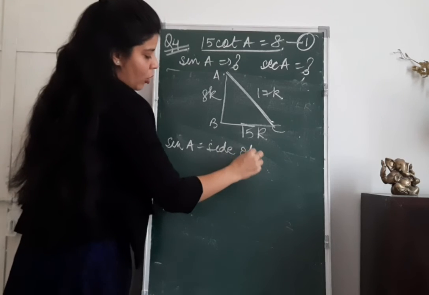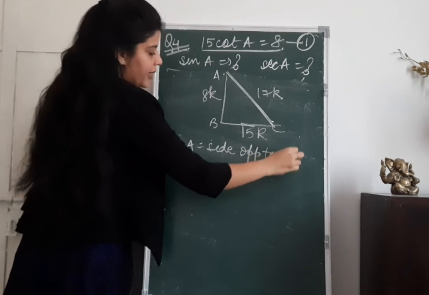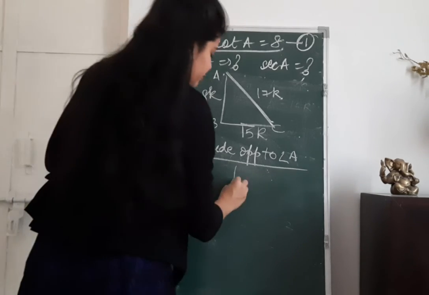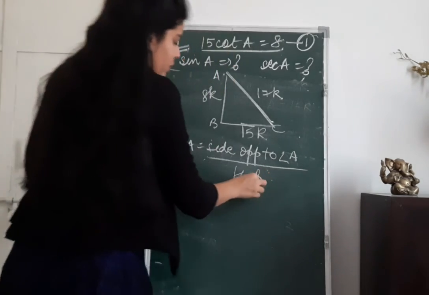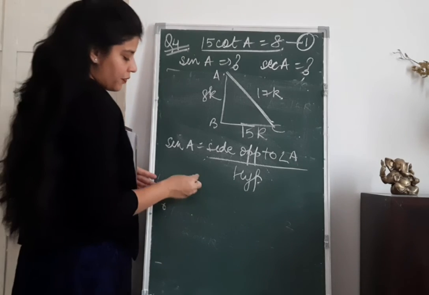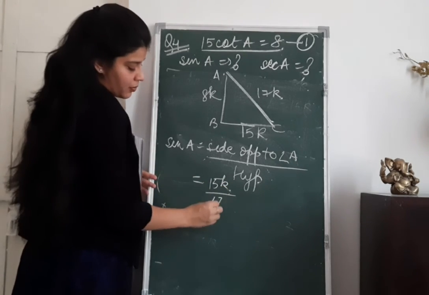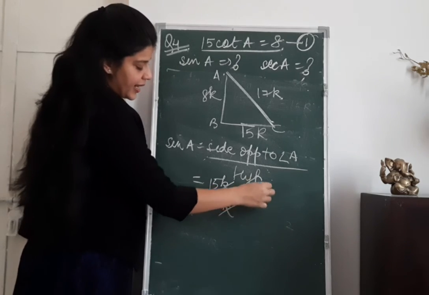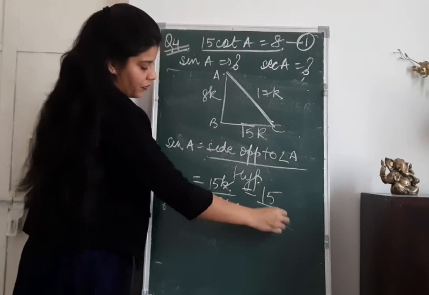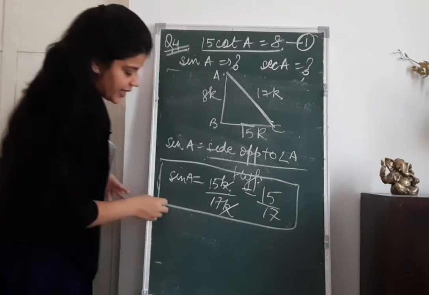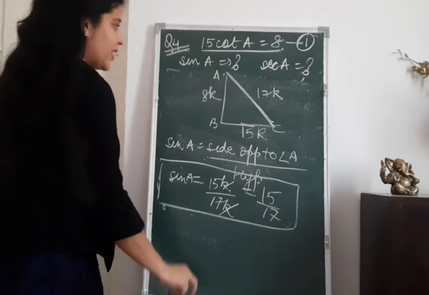Side opposite to angle A upon hypotenuse. Which is side opposite to angle A? It is 15k and hypotenuse is what? 17k. K cancel, I get sin A as 15 upon 17. Sin A is equals to 15 upon 17.